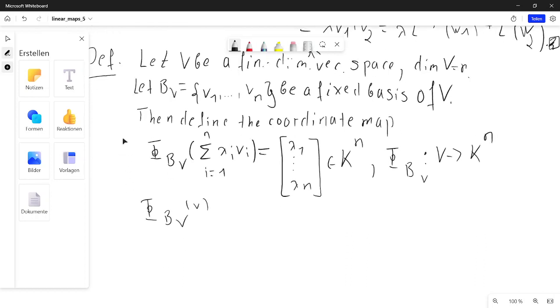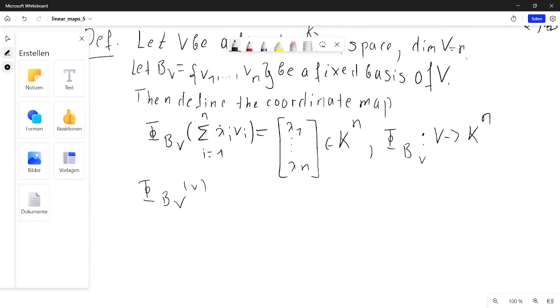Because to define it on a thing that looks formally like this, where the lambda i's go through all possible constellations lambda 1 to lambda n in K, is exactly the same as defining it for an element V, because, as you recall, V was exactly the span of the basis, which is the sum of lambda i e i.